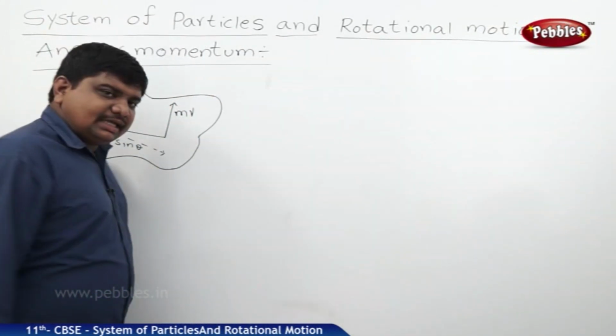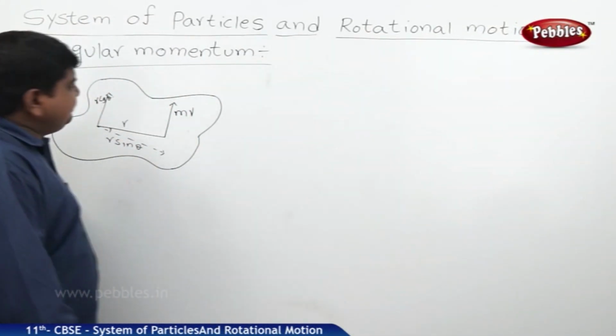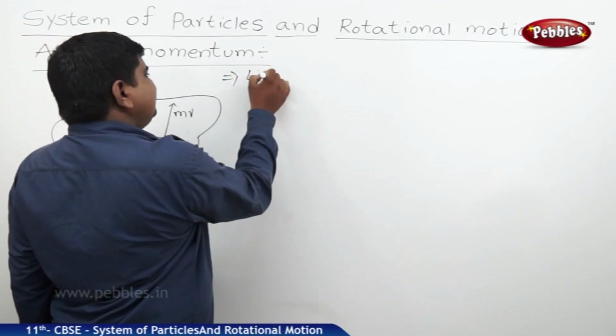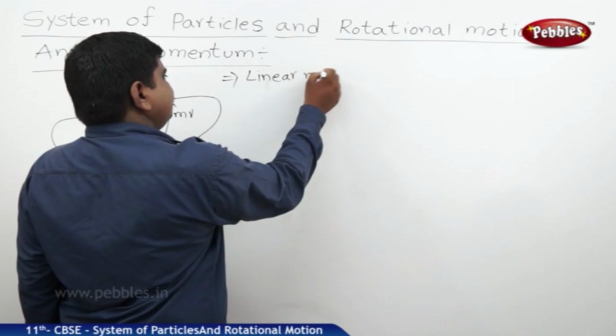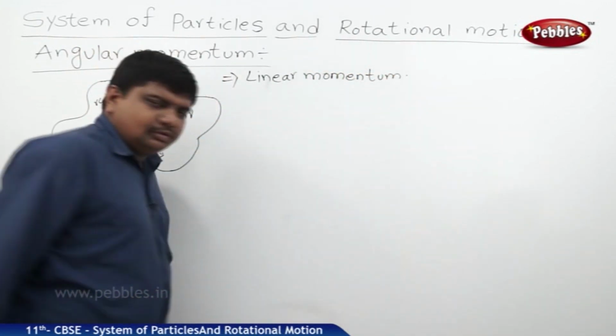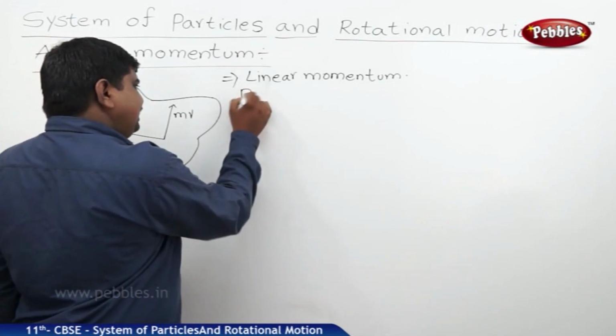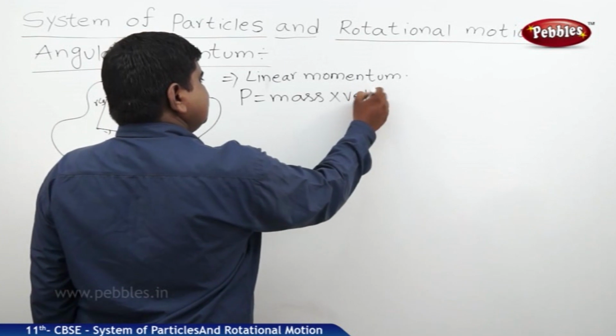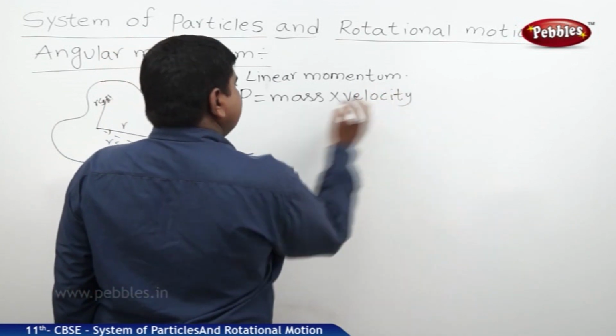The next concept is angular momentum. So what is the meaning of angular momentum? It is related to the linear momentum initially. We know that linear momentum P is equal to mass into velocity, nothing but mv.